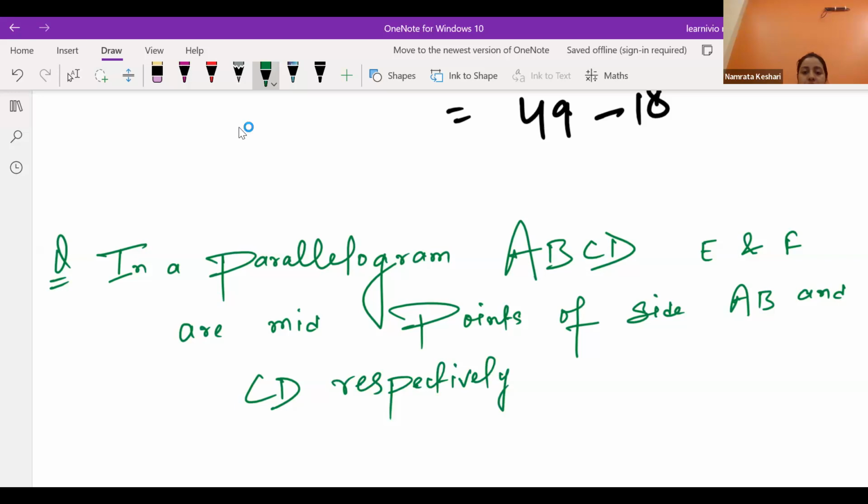Show that the line segments AF and EC trisect the diagonal BD.